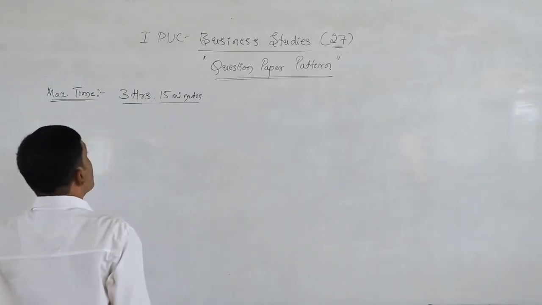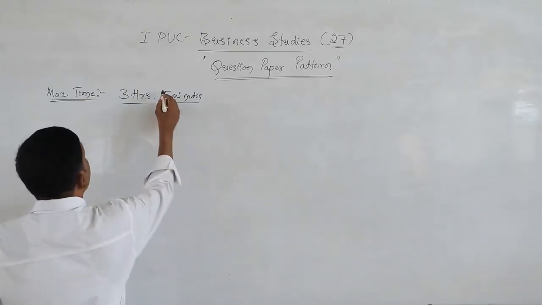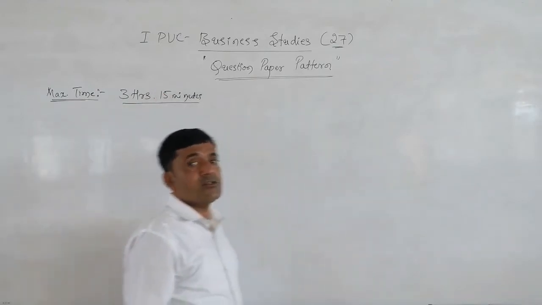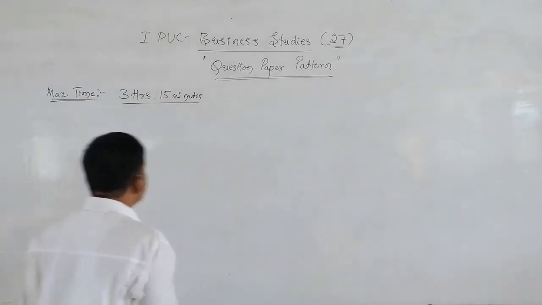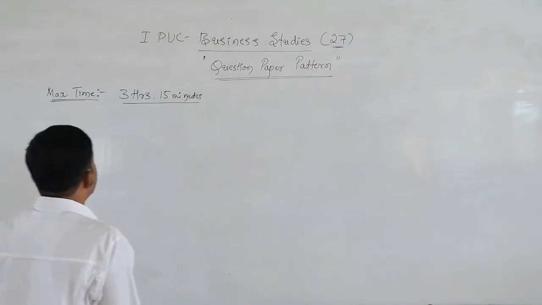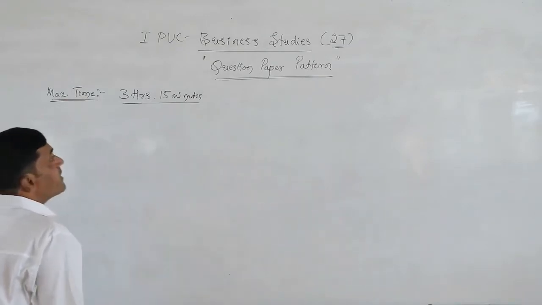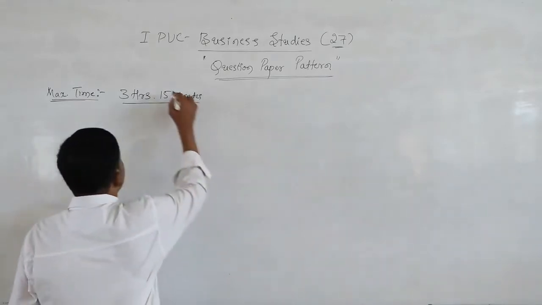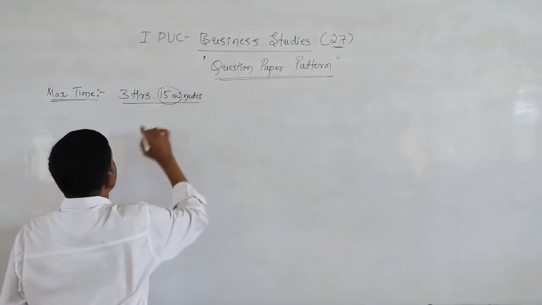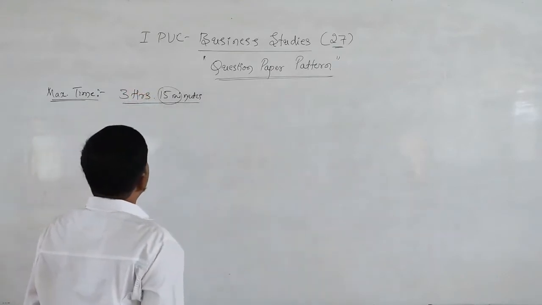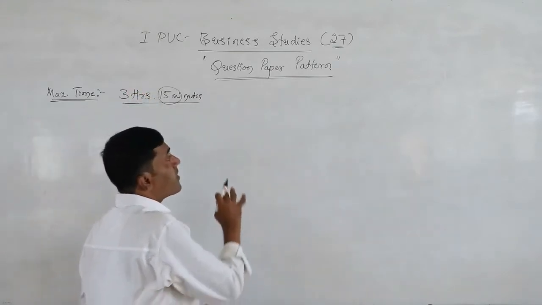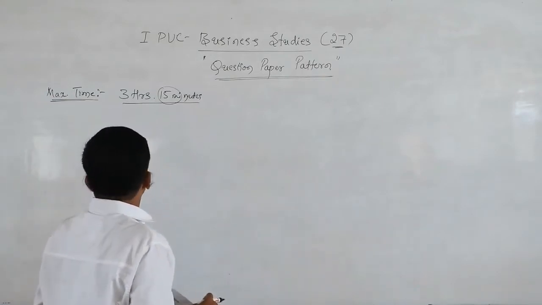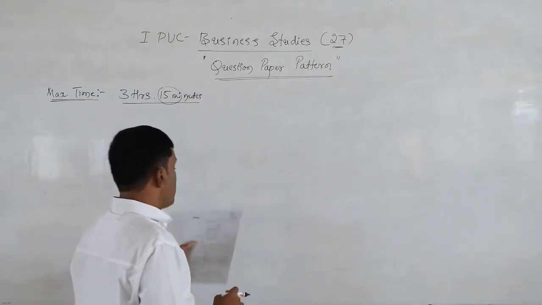Before commencing the exam, 15 minutes earlier, the question paper will be provided to the students. After the first 15 minutes, the answer booklet will be issued to the students. During the first 15 minutes, you can read or observe the question paper. You will come to know what the exact questions in the question paper are.